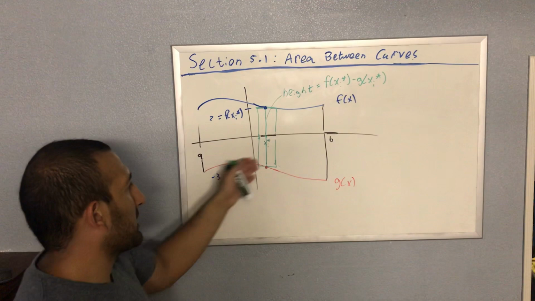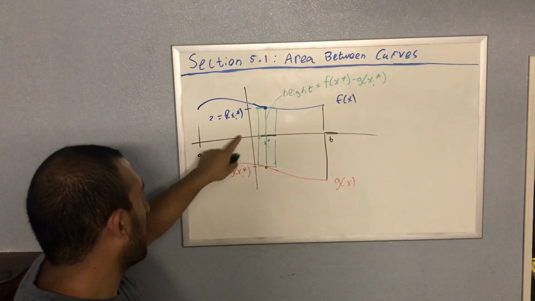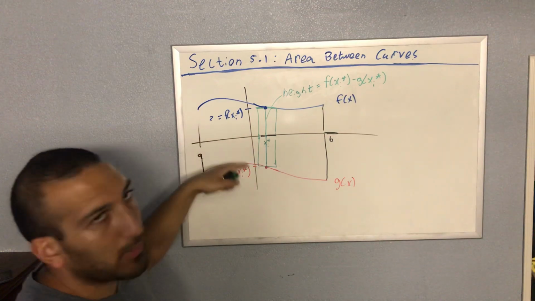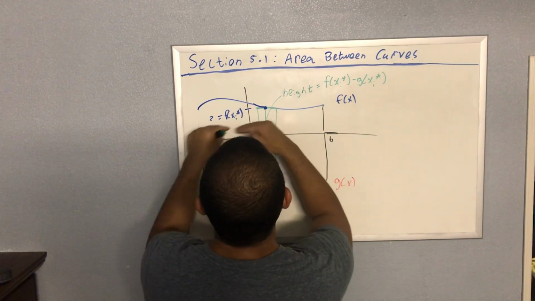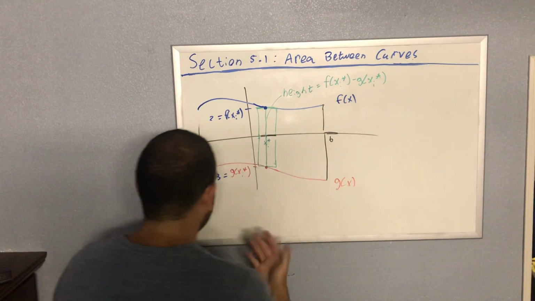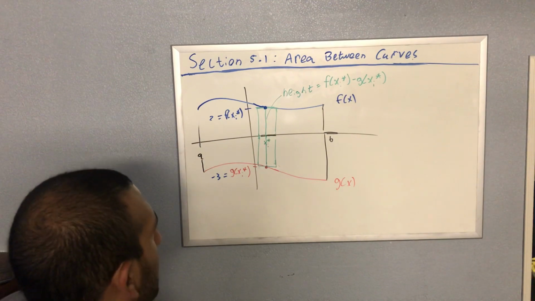And this would work if this function was always positive too, right? Say this was like 1. So you just get 2 minus 1. The height would be 1 if you shifted this all the way up to 1, so that the graph looks like this. So it being negative like this doesn't take away from the generality.